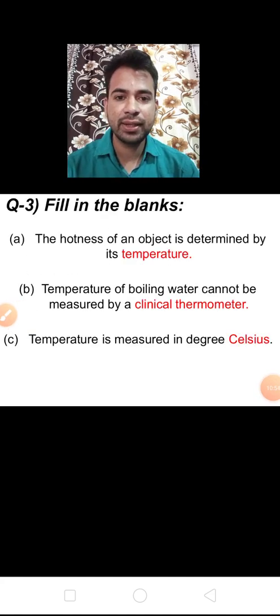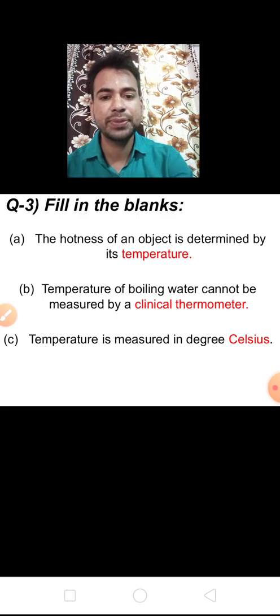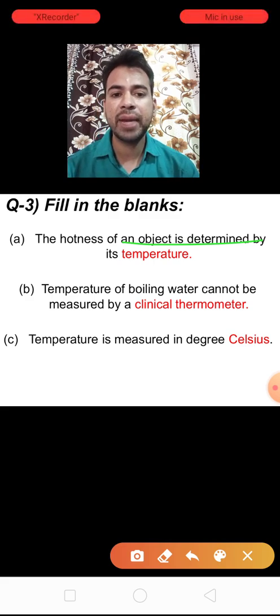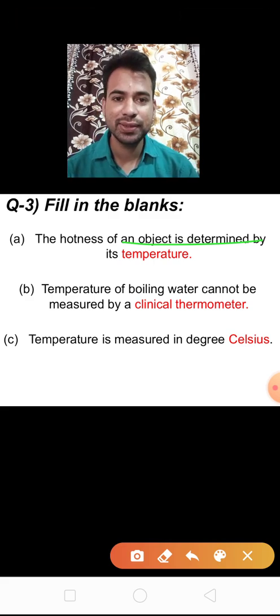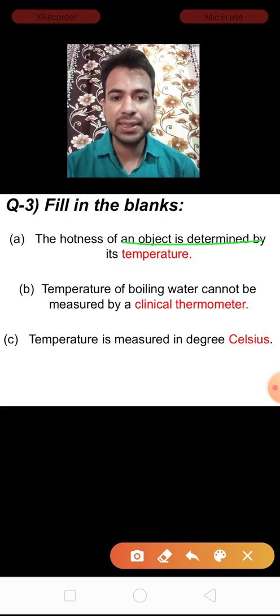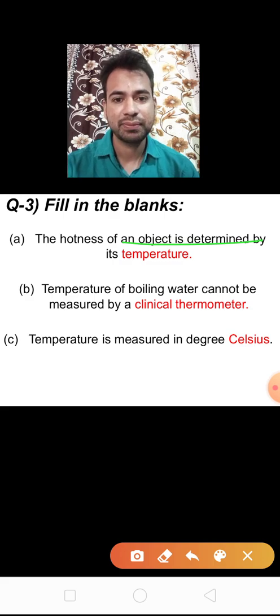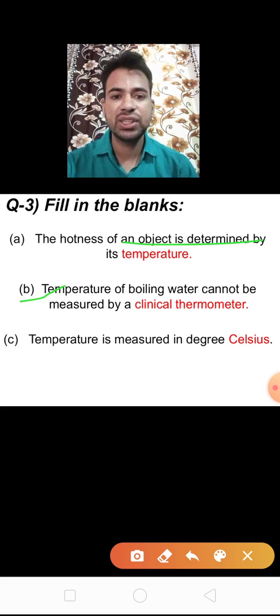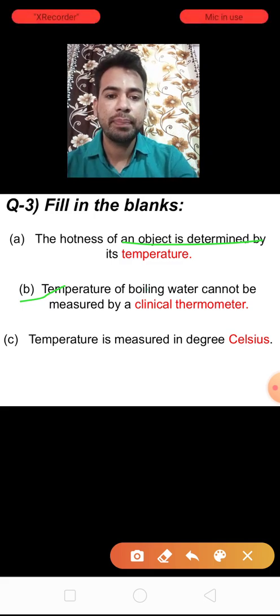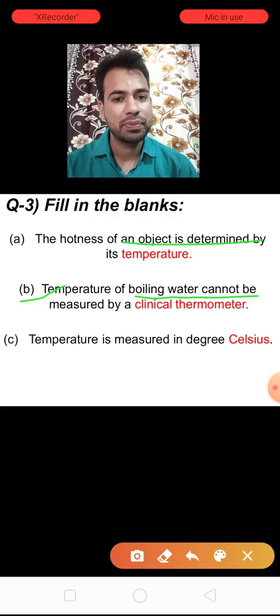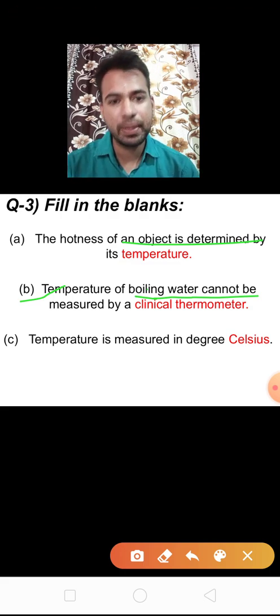Next, some fill-ups. In the first fill-up, the hotness of an object is determined by its temperature. Hotness or coldness, both are measured by temperature. Second, the temperature of boiling water cannot be measured by a clinical thermometer, because it is measured by the laboratory thermometer.